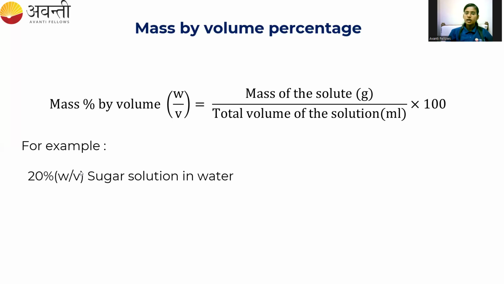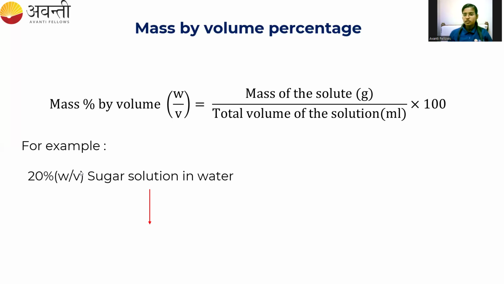Now I'll give you an example. 20% W by V sugar solution in water. What is the meaning? 20 gram of the sugar is present in 100 ml of the solution.